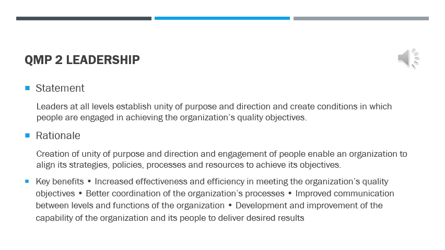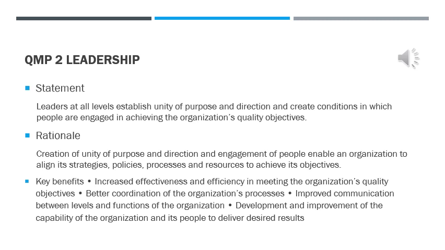The rationale of this: the creation of unity of purpose and direction and engagement of people enable an organization to align its strategies, policies, processes, and resources to achieve its objectives.